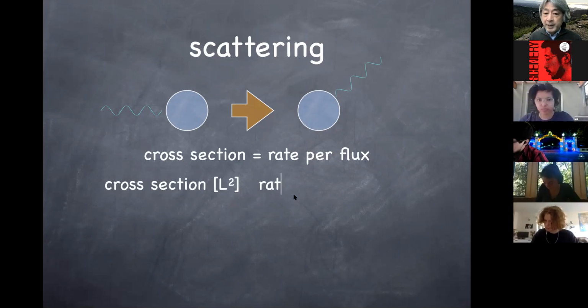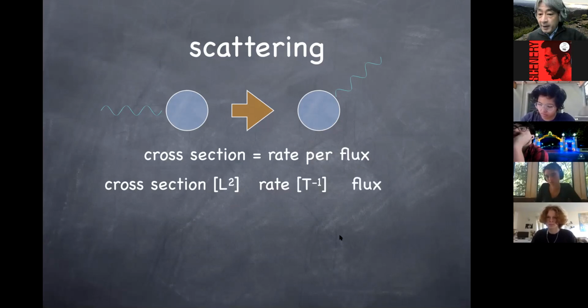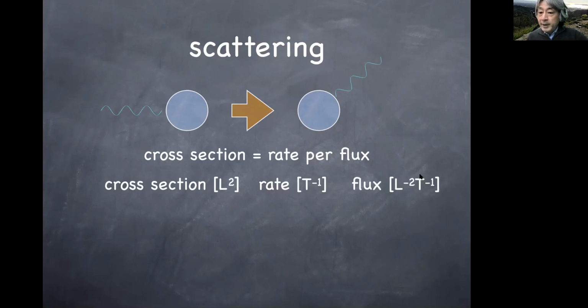So just to make sure that is the case, rate is the probability per unit time. So the rate has a unit of inverse time, obviously. And we need to also understand what flux is. Flux is the number of particles you send in per unit time per unit area. So if you're sending a bunch of photons randomly, think about, for example, throwing darts on a target.